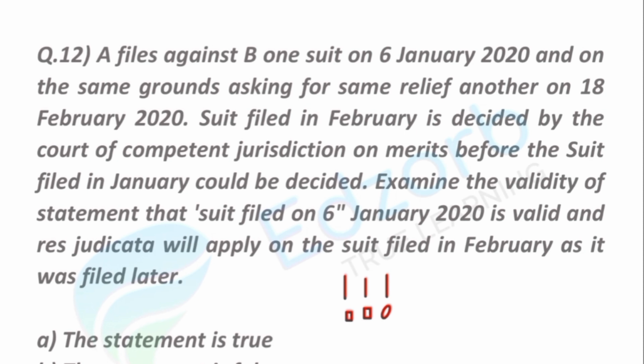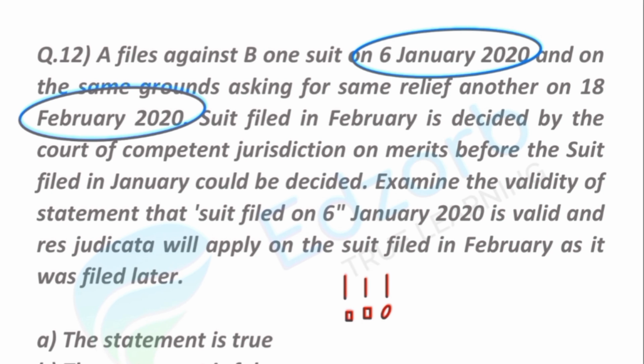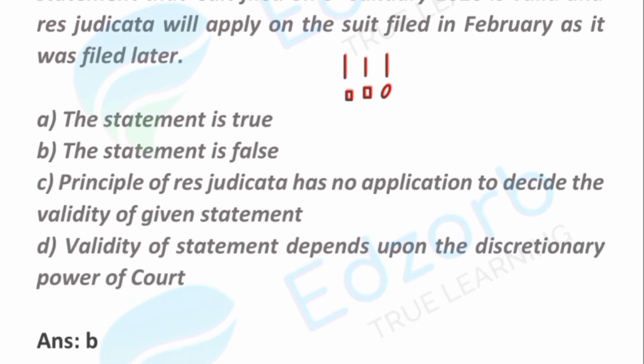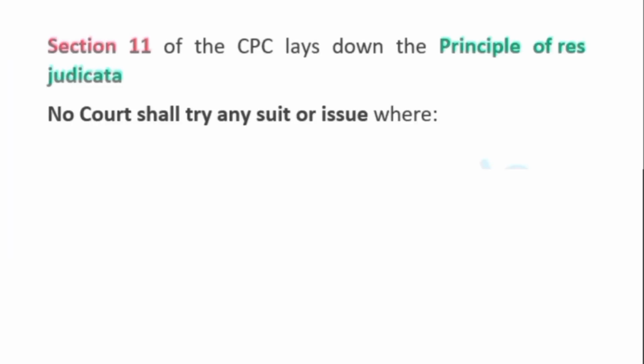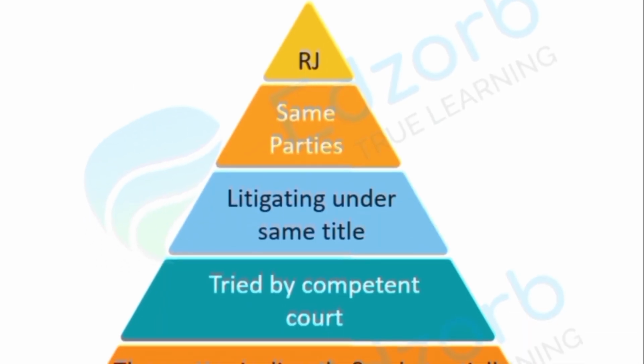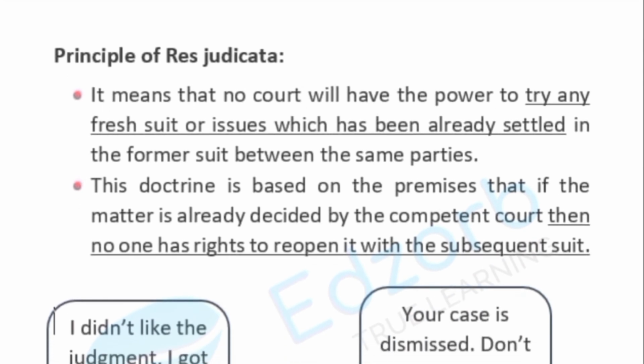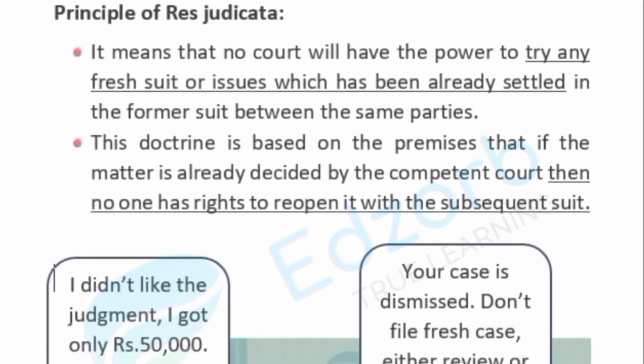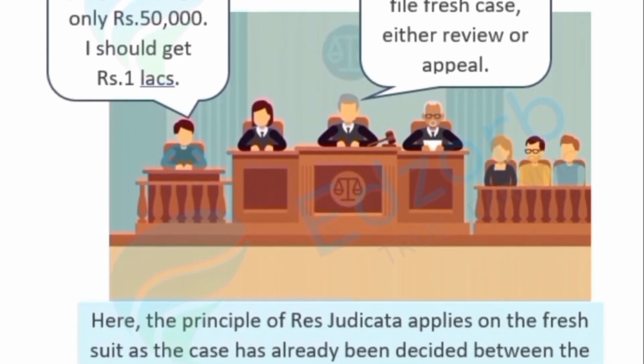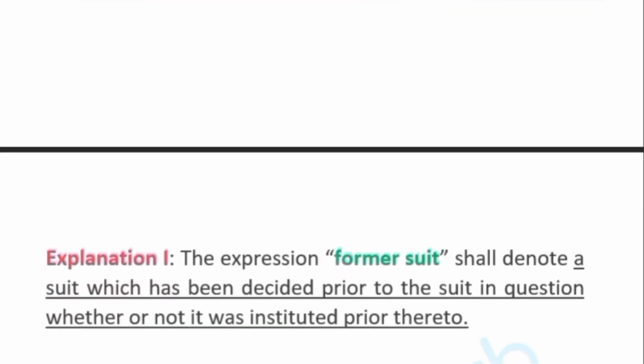Here, one suit was filed on 6th of January 2020 and was never decided, but another filed on 18th of February 2020 for the same relief was decided. We had to examine the validity of the given statement that suit filed on 6th of January 2020 is valid and res judicata will apply on the suit filed in February as it was filed later.